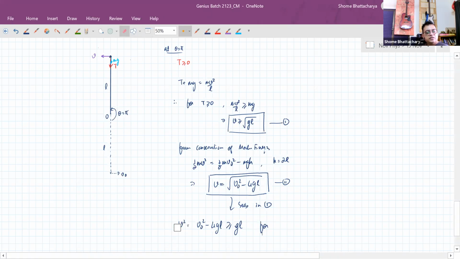Or we can also write it like this, that V, which equals the square root of V naught square minus 4 GL, should be greater than equal to root GL.